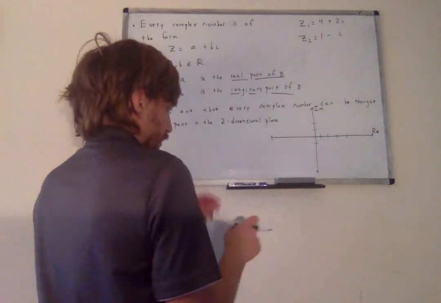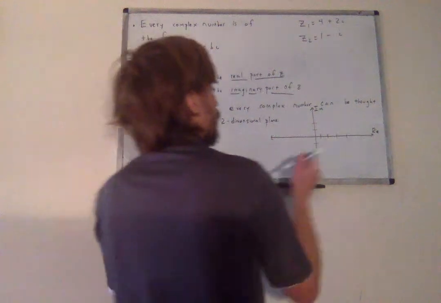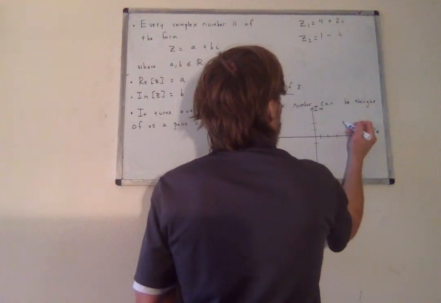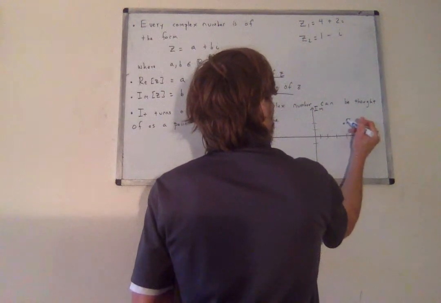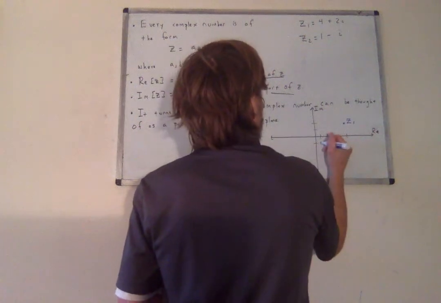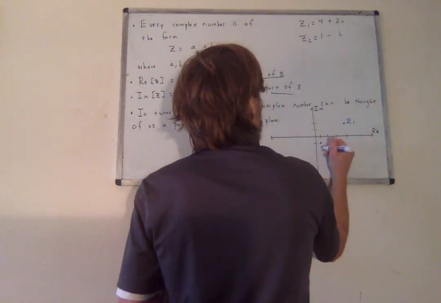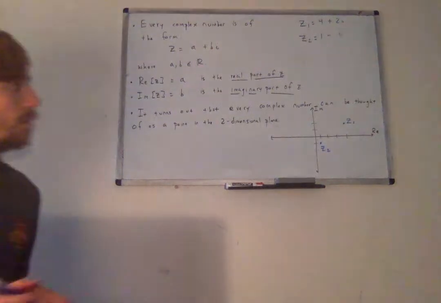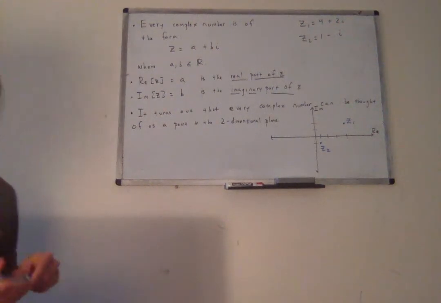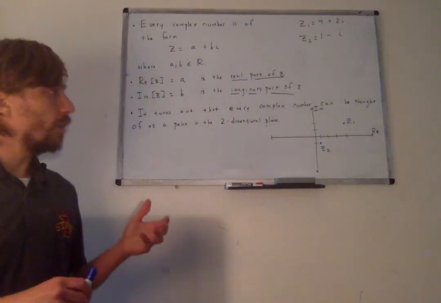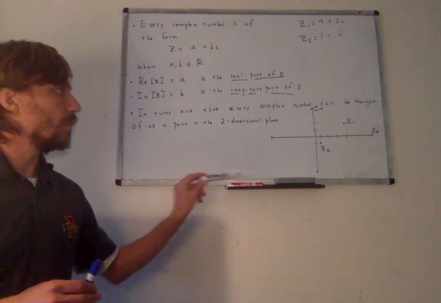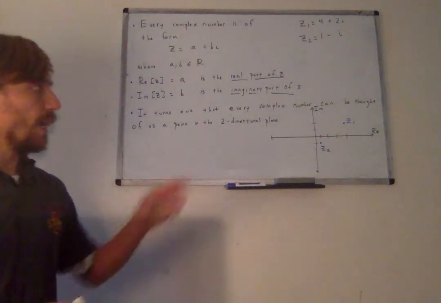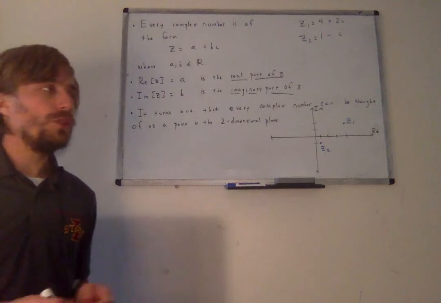So for example, z1 would be plotted right here, and z2 would be plotted right here. It is sometimes very useful, as we'll see, to think of them as actual points in the two-dimensional plane.